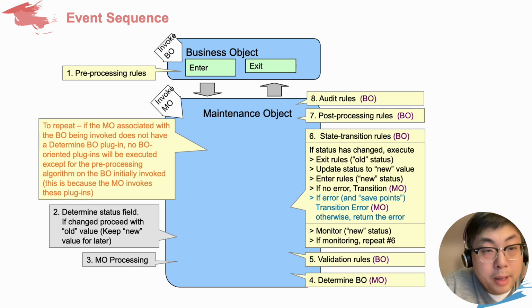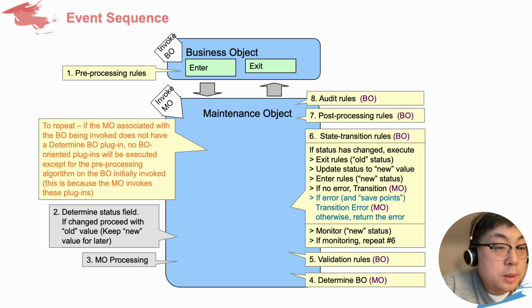But you have to think about why the BO status code is always a mandatory field. This is actually one of the reasons, because the status decides where it is in the life cycle. And from there, we will know what algorithm on the life cycle needs to be run afterwards. So status is very important in this sequence.